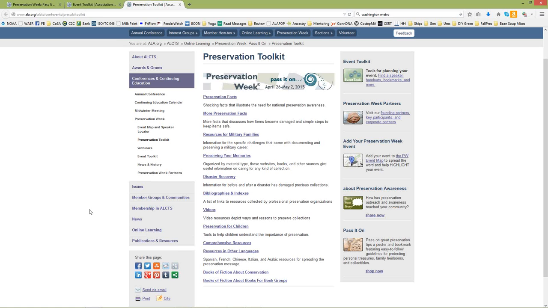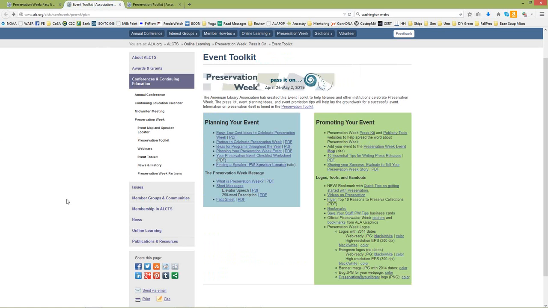Well, in terms of our partners, really ALA is the spearhead for Preservation Week. SAA is one of our partners. But then we also have a lot of stakeholders, and DPLA is one of our stakeholders, but they're not an active sponsor of Preservation Week. But it would be a great way, if you are part of the DPLA, that's maybe where you can partner to celebrate Preservation Week.